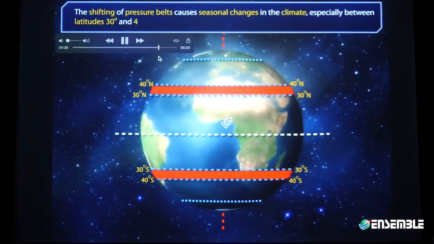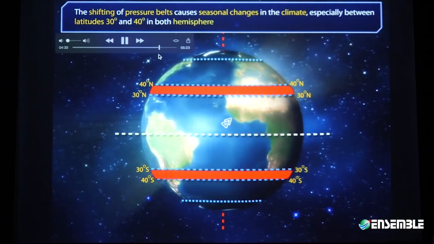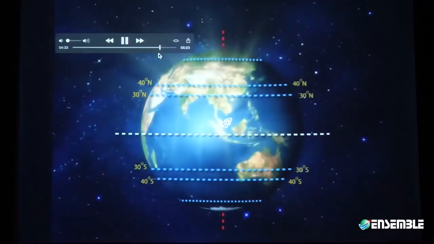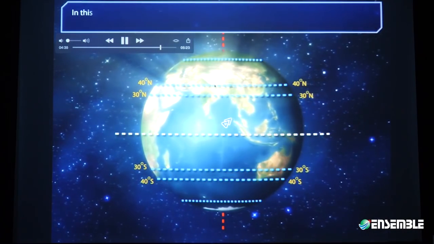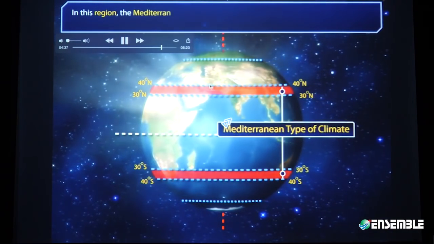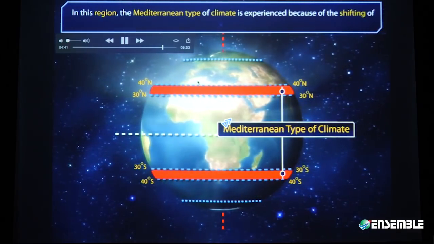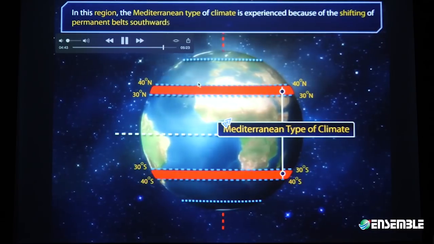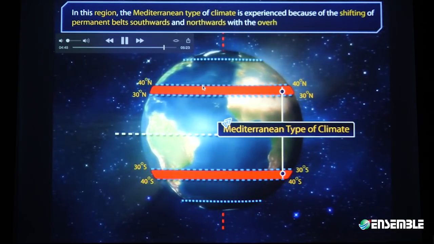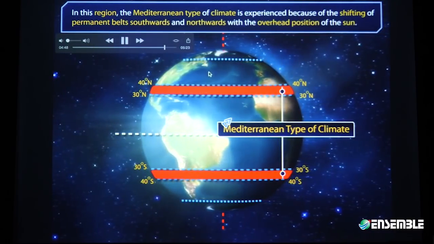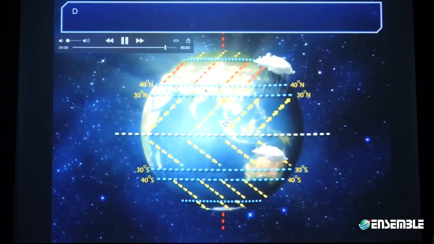The shifting of the pressure belts causes seasonal change in climate in both of the places. Now that's the normal condition, when the whole of the region is hot. When the whole of the pressure belts shift northward, what exactly is likely to shift southward?